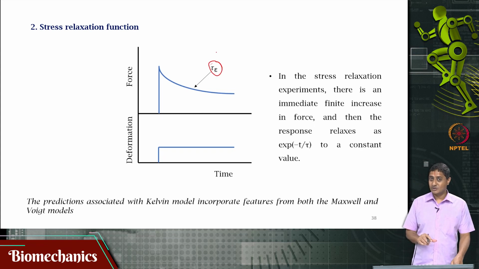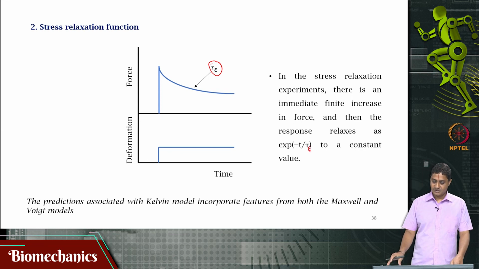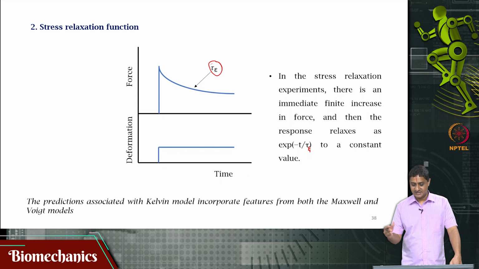In creep I had tau sigma, and in stress relaxation I have tau epsilon. It decays and then it settles down at some constant value.